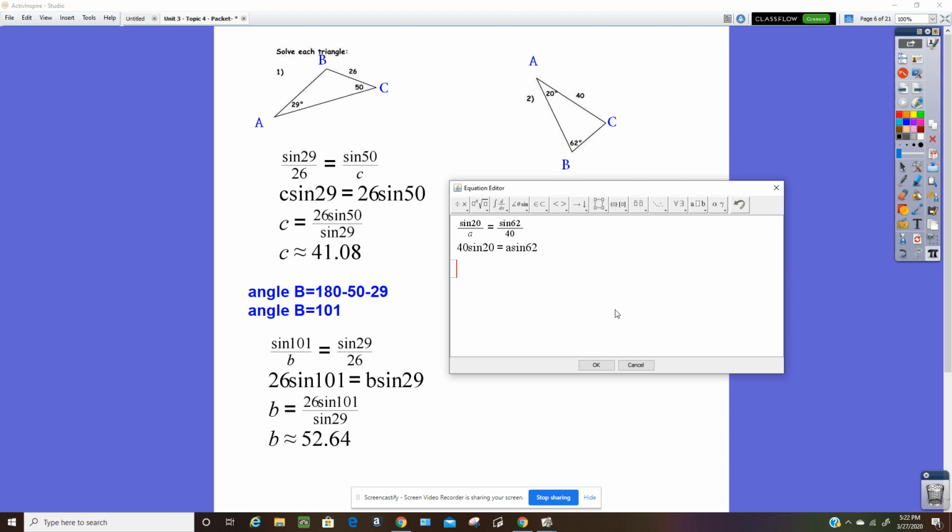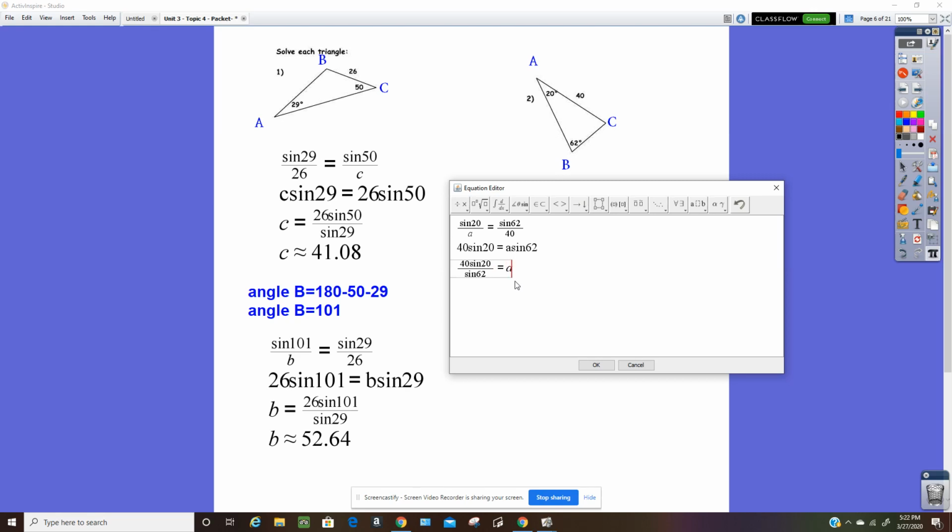So I have that 40 sine of 20 divided by sine of 62 is equal to A. And now you can do this at home.